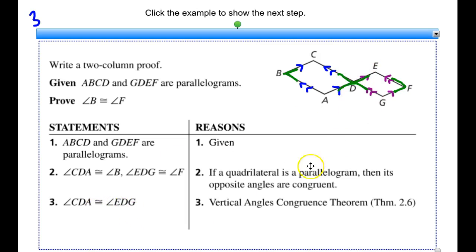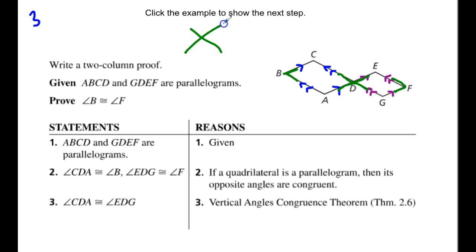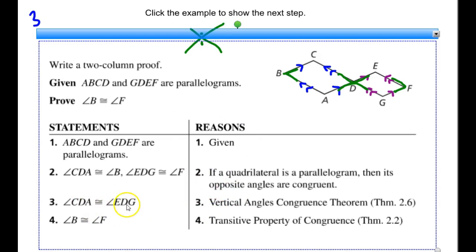These two green in the middle. And I know that because they're vertical angles. Remember back when we did other angles, if I have 2 lines that cross, the angles on opposite sides are congruent because they're vertical angles. That's what this is showing right here too. So then if I know that those two are congruent, then I know that angle B is congruent to angle F based on my transitive property.